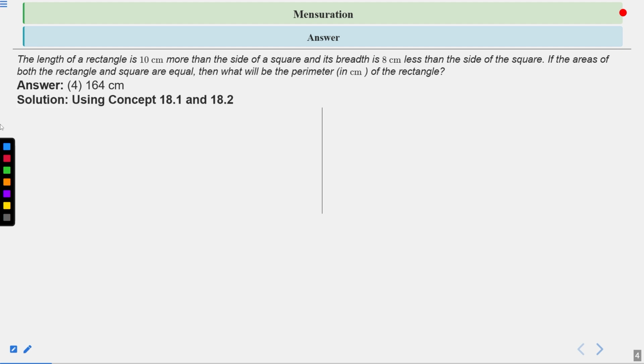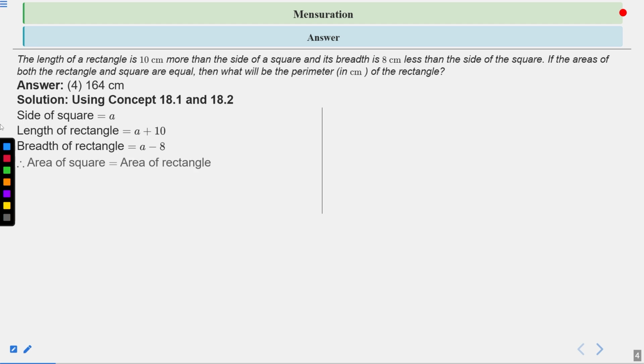Now see the detailed solution using concept 18.1 and 18.2 in this question. Let the side of the square be a. So the length of the rectangle becomes a plus 10 and the breadth becomes a minus 8.